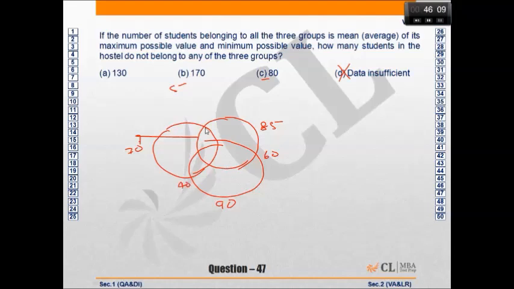Now 30, 30, 60. So let me just look at 30, 30, 60, 10, 60, 70, 20, 90, 30, 30, 60, this is 15, 30, 60, 75, this is 10 now, okay, 30, 40, 55, 15, so 90 and 40, 130 belong to some group, who do not belong to any group will be 170, great.